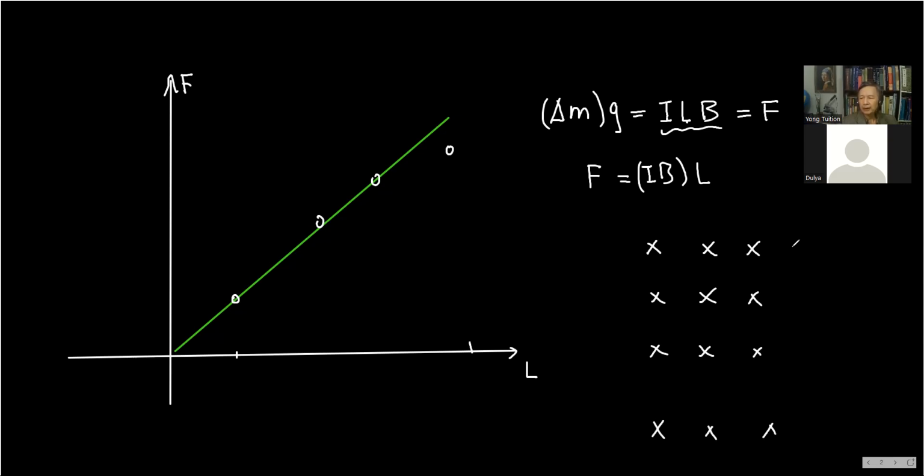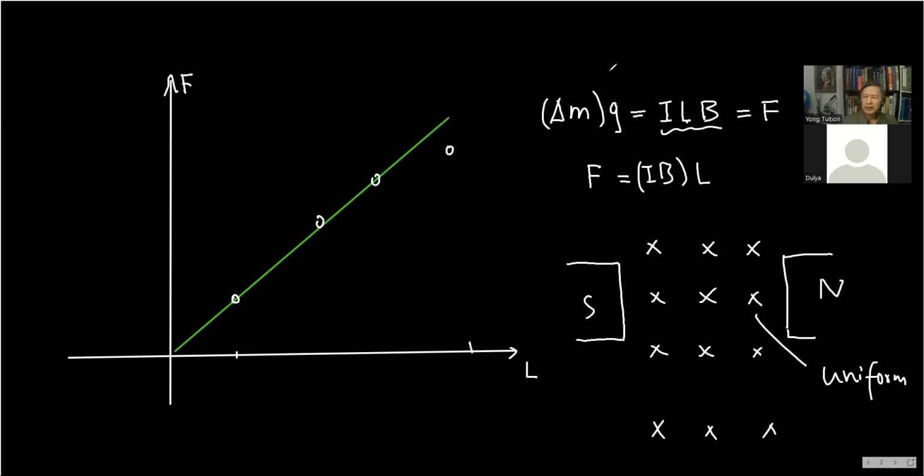Outside, for example, you have a bar magnet, a permanent magnet, this is north, just as a hypothetical. In between this gap is quite uniform. So in this region the field is the same everywhere.